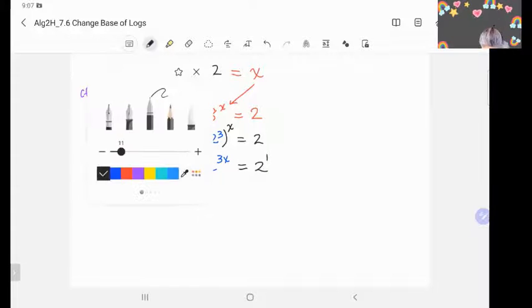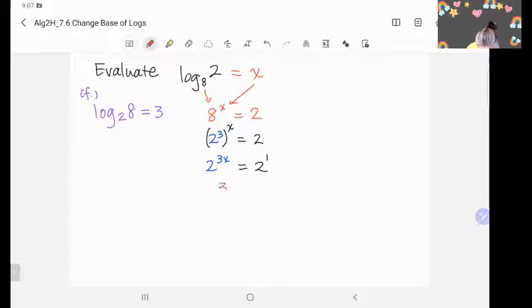So now 3x should be matched to 1. How? 2 base here, 2 base here. Then in order to satisfy the equation, we can assume 3x should be equal to 1. Then now we have a simple equation, 3x is equal to 1. Then this means x is 1/3.